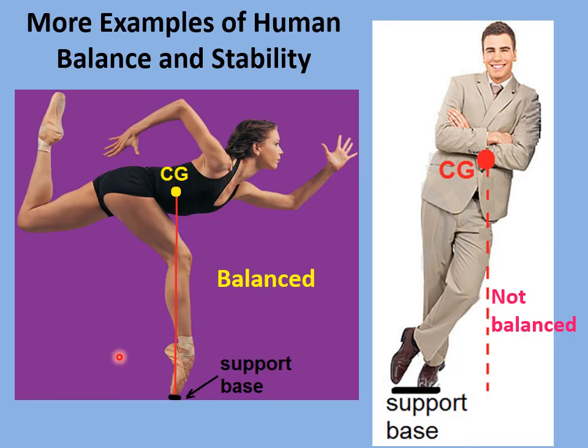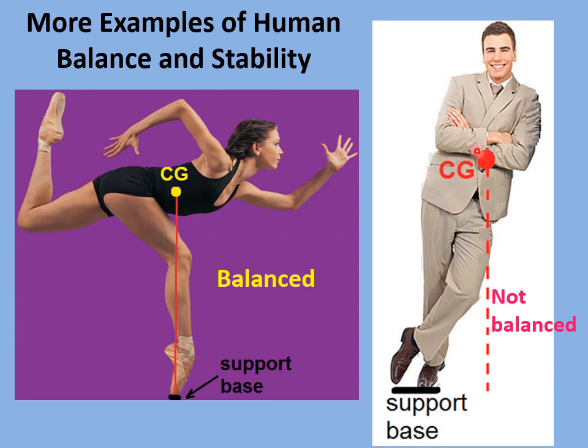This picture of the dancer doing this pose looks like it could be very awkward and unbalanced, but the fact that she is apparently holding this pose means that her CG must be right in here somewhere, because her support base is just the tip of her toe. And we know to be balanced, her CG must be directly above that support base.